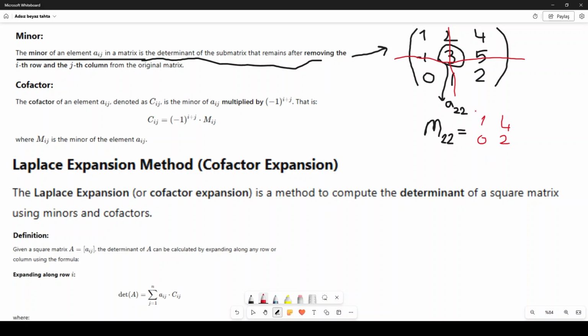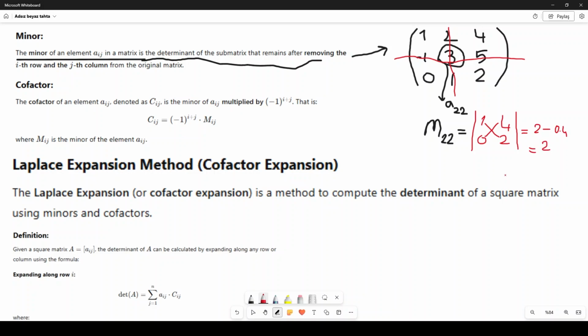These are the remaining entries. The determinant of this matrix, which is now a 2 by 2 matrix, is called the minor of the corresponding entry in the original matrix. We know how to compute the determinant in many different ways. With a 2 by 2 matrix, 1 times 2 is equal to 2, minus 0 times 4 is equal to 0, and 2 minus 0 is equal to 2.